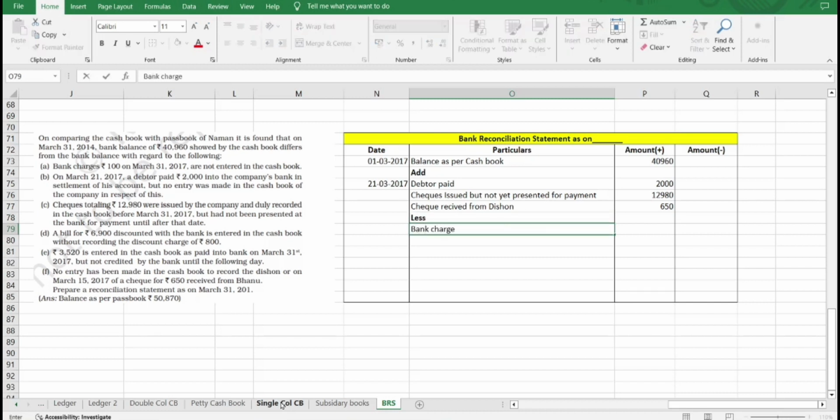That is bank charges, rupees 100. Next, it was about our discount charges, 800 rupees.